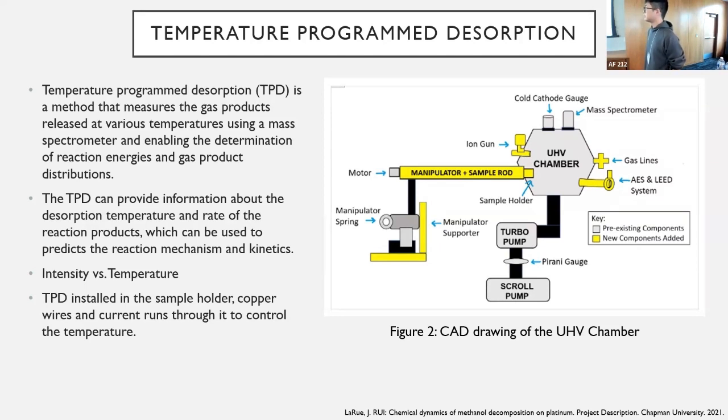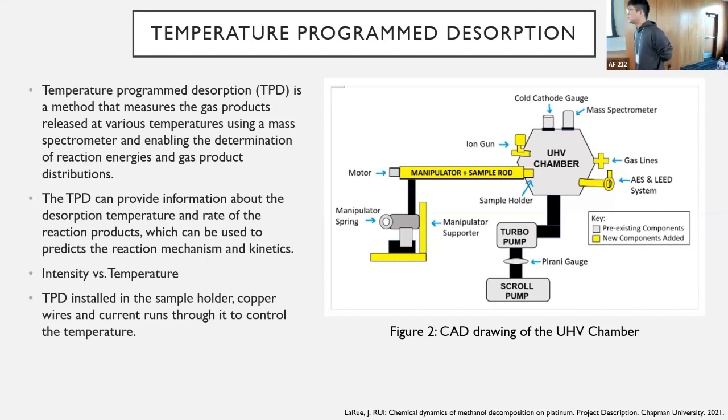It gives us a graph of intensity versus temperature, and we can analyze the desorption peaks to understand how the reaction works. Basically, TPD will tell us what molecules come off the surface.